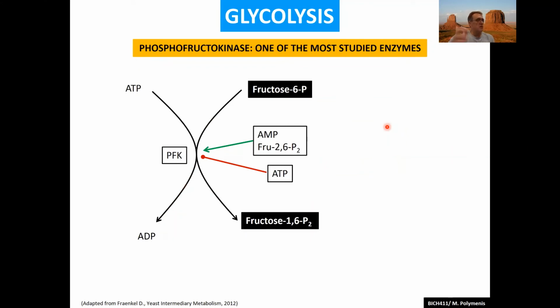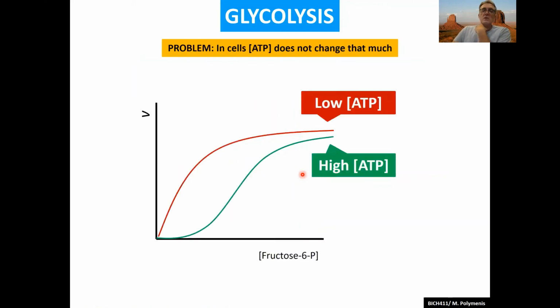So that's an open question. It is a heavily regulated enzyme. In addition to ATP acting as a negative allosteric regulator, there are positive allosteric effectors as activators. So let's go back to the previous slide, and that will make more sense.